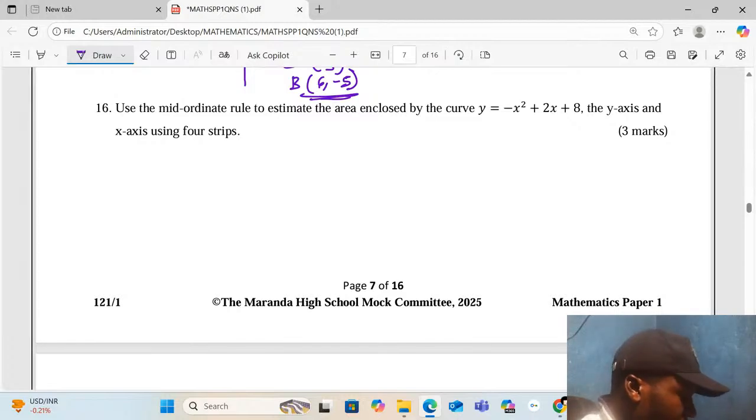Remember, using the mid-ordinate rule, we are only estimating, not finding the exact area.